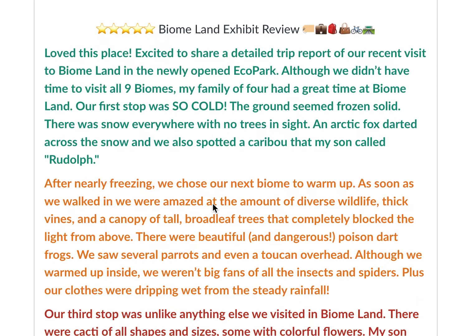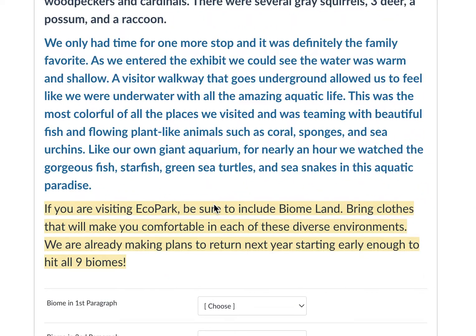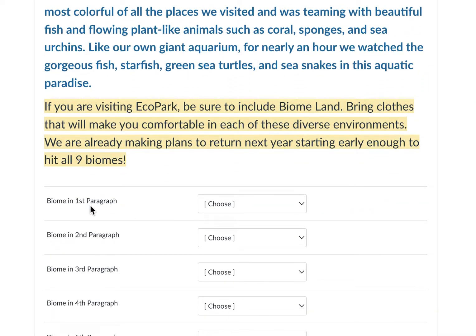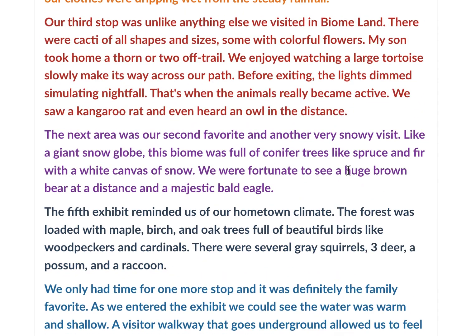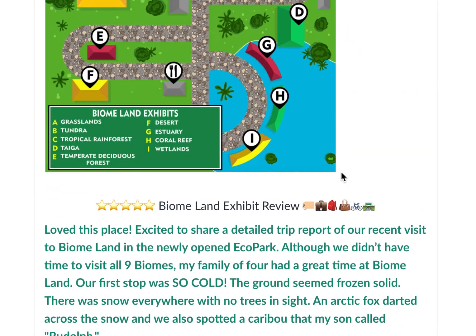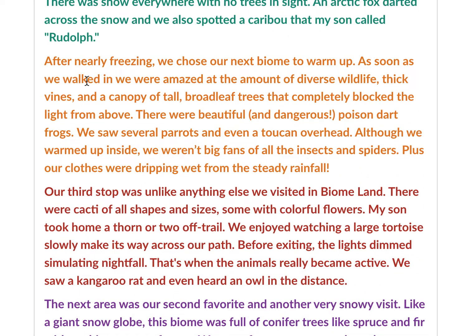And so you're going to scroll down, and when you answer the question, the first paragraph is a drop down menu. You're going to click which ecosystem it is talking about, and you're going to classify each paragraph.